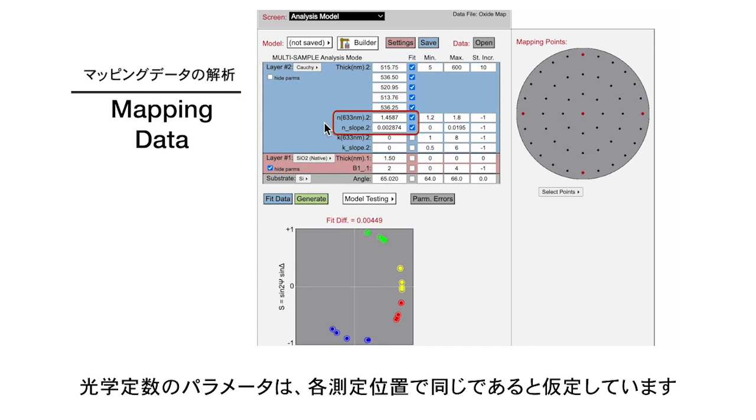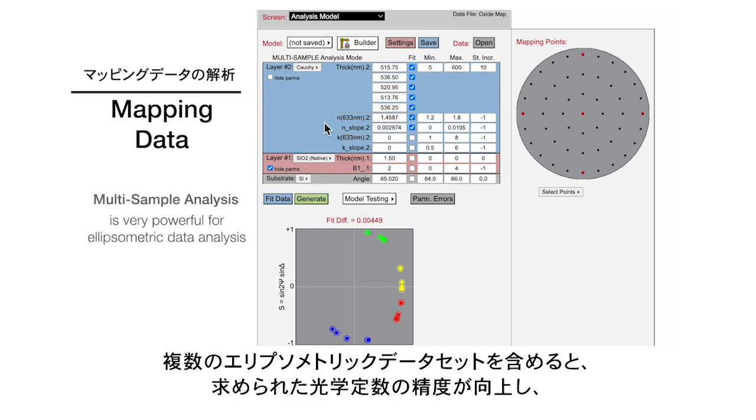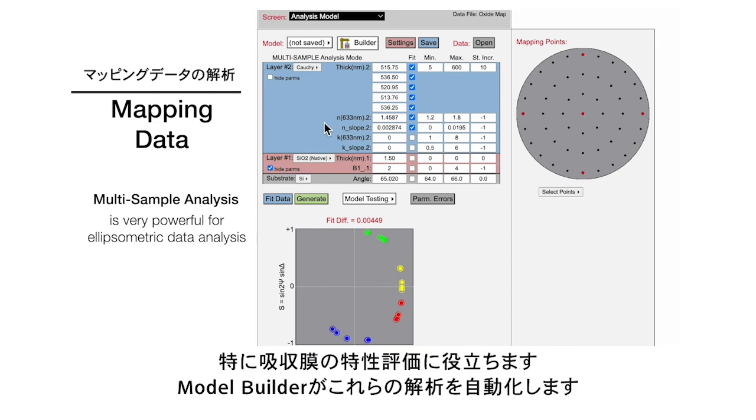The optical constant parameters are assumed to be the same at each measurement location. Including multiple ellipsometric data sets improves the accuracy of the determined optical constants, which is especially helpful when characterizing absorbing films, and Model Builder can help automate this powerful analysis.